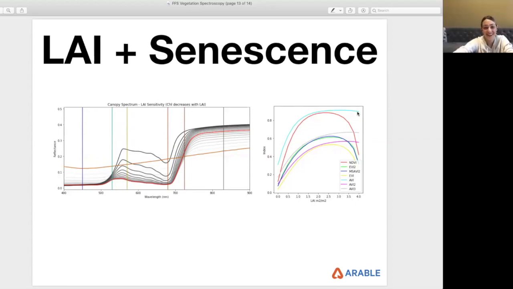Or we could do a more complicated retrieval where instead of just this relationship between leaf area or the NDVI and leaf area, we've got a retrieval that includes extracting the chlorophyll out as well. And so this becomes where it's most interesting. Why do we have 7 spectral bands here, 6 spectral bands? It's to be able to do these kind of more complicated retrievals.